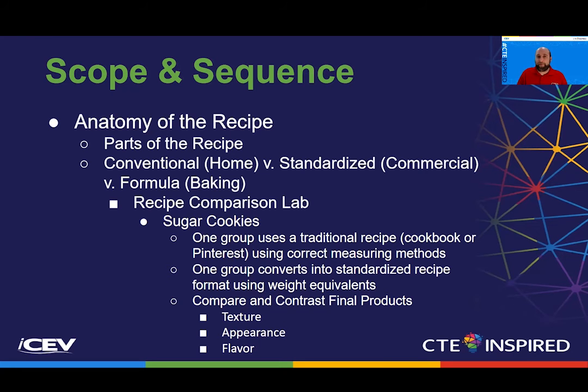So 1 cup is equivalent to 8 ounces. We all know that, yes, but it's that operative word, the yes, but what ingredient is it? Well, we're discovering that, and we can show the importance of making sure that you're measuring and not converting things unless you're using an actual conversion from the book of yields, for instance. So we'll look at the difference in the outcomes of those: texture, appearance, and flavor.